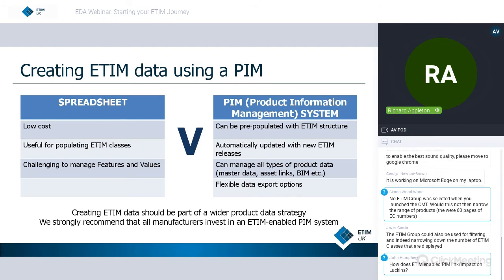So all of that can be done within a PIM system. And the PIM will also have flexible options for exporting data, depending on what your customers' needs are. So I think that's very much the way that most manufacturers should be going, and we know that many are going down that route.